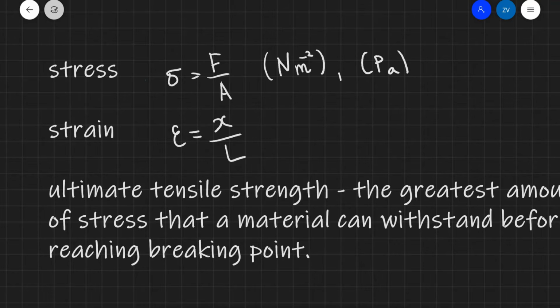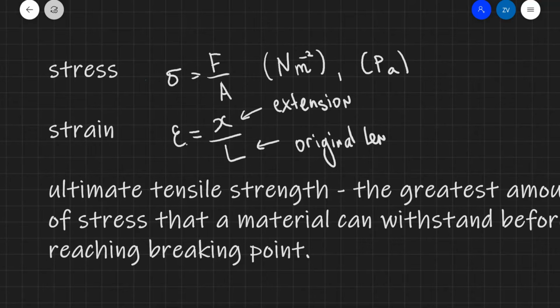Just to avoid any confusion, I'm going to label those: x in this case is the extension and L is our original length. Because it's going to have units of meter over meter, strain is actually unitless.